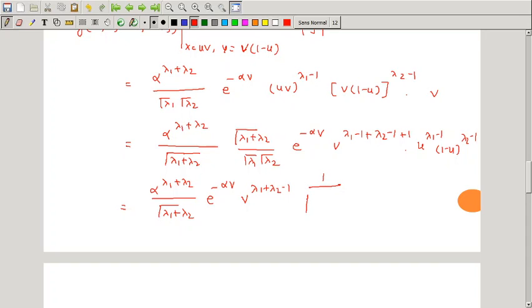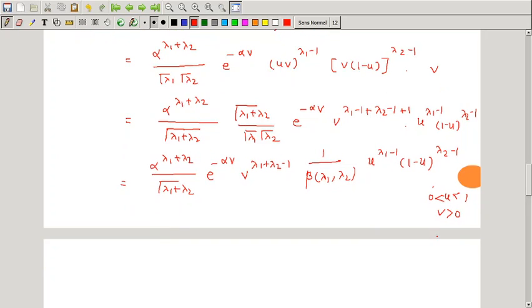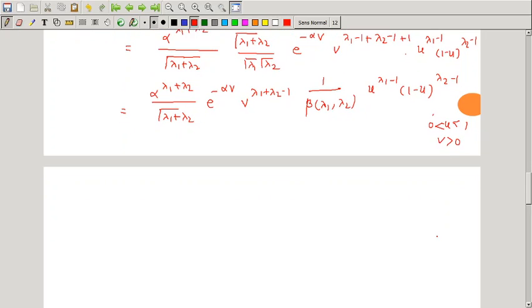We can write it as 1 over beta lambda 1, lambda 2, u raised to lambda 1 minus 1, 1 minus u raised to lambda 2 minus 1, where u lies between 0 and 1 and v is greater than 0. This is the joint PDF of u and v.